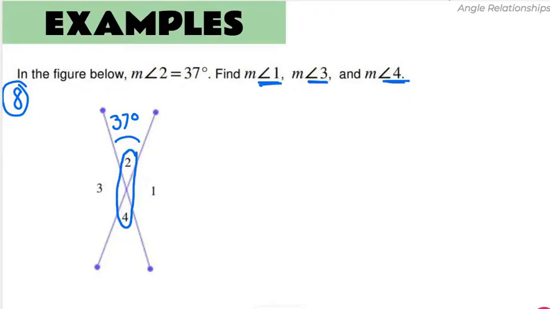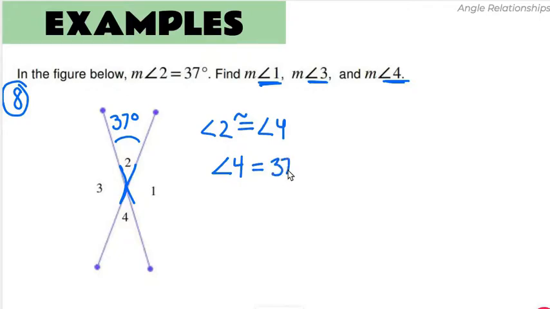Or congruent. So that means that angle 2 and angle 4 are going to equal each other. So if angle 2 is congruent to angle 4, then that means angle 4 is 37 degrees, isn't it?